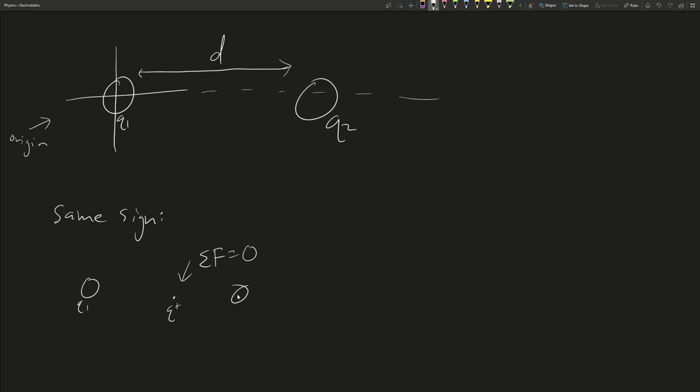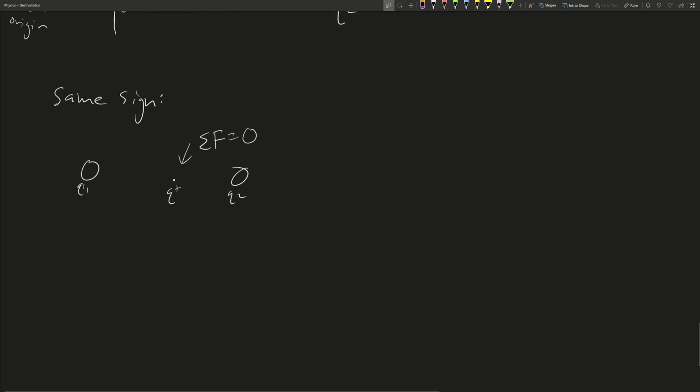So this is Q1, Q2. We know that the force on this positive charge from Q1, we'll call that F1, is going to be equal to k Q1 Q, where we'll call this charge Q, divided by R1 squared, where this distance here is R1, and then this here is going to be R2.